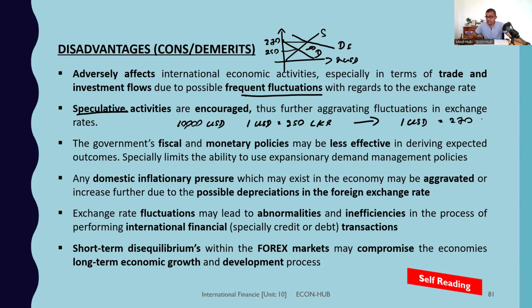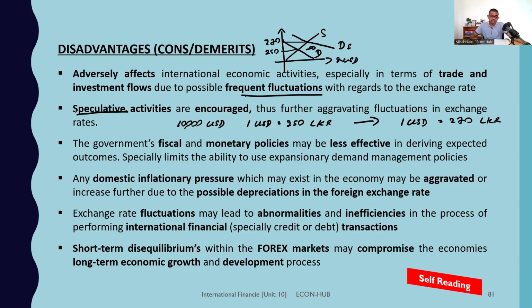Now I can sell each dollar at 270, whereas earlier I would have sold at 250. Now each dollar I sell gives me a 20 rupee gain. So I have achieved my objective, but I do it by creating major volatility in the market. So this is called speculation.